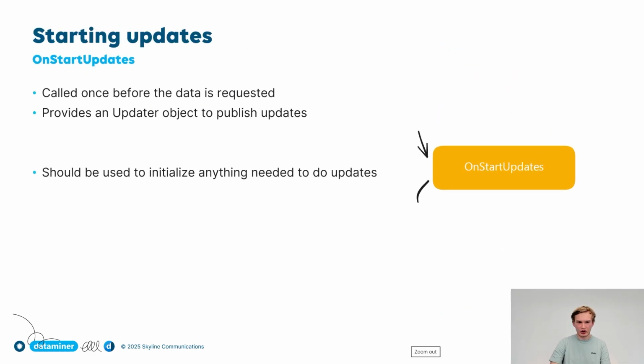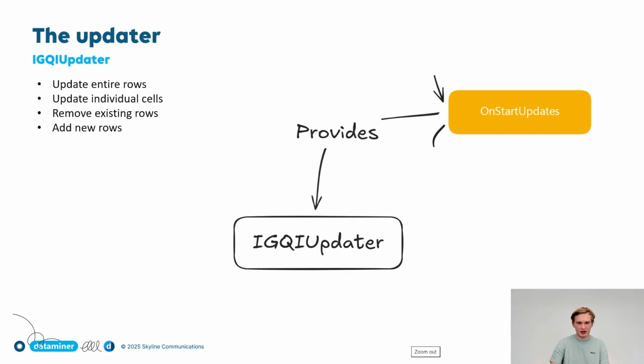Looking at the two blocks, the first one is going to be called between the onPrepare fetch and the get next page, if updates are enabled, and will allow you to set up, for example, subscriptions, timers, whatever you want to handle those updates. It also provides the updater object, which will allow us to actually edit data within GQI.